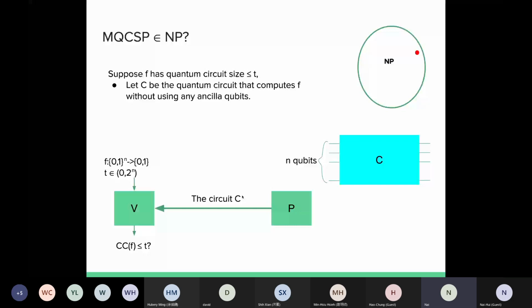So actually, that certificate is the circuit C. And this is how classical MCSP is proved to be in NP.